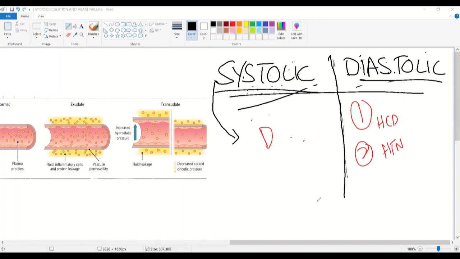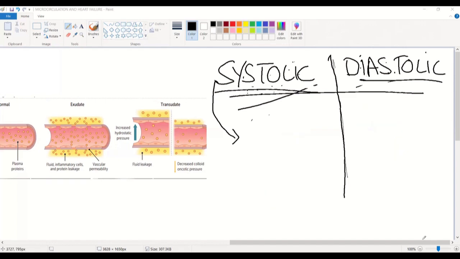Dilated cardiomyopathy could be due to drugs like doxorubicin. Yes. Microbiological components, Chagas disease, Coxsackie. Exactly, absolutely right. Myocarditis.